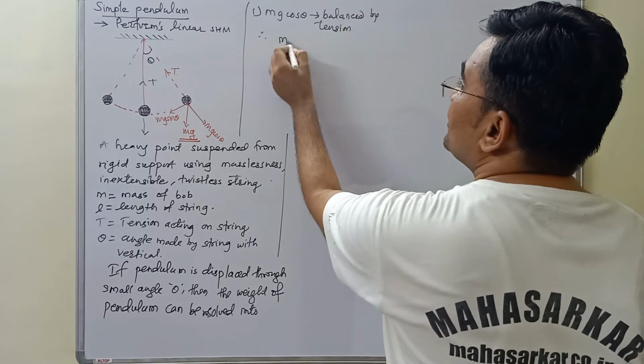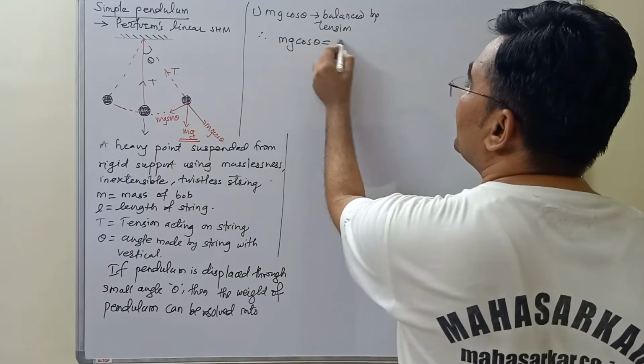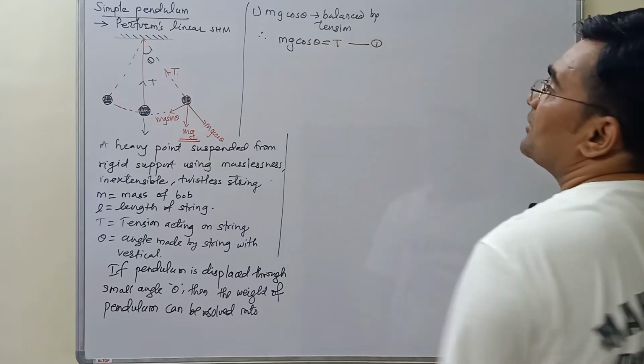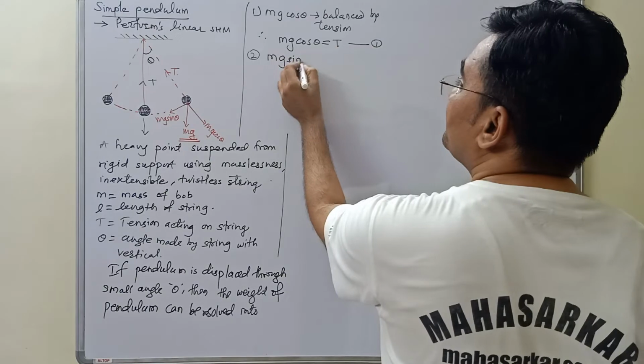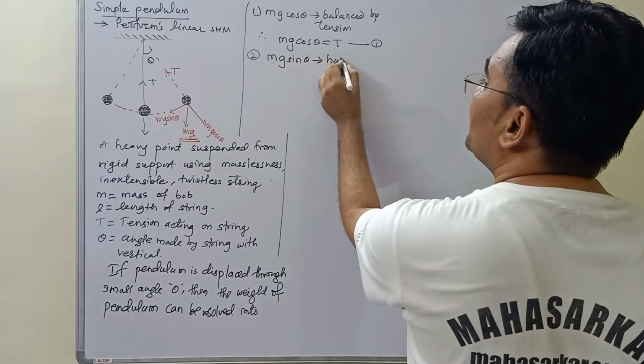So mg cos theta is equal to tension T. See, this is equation number 1. Now second component is what? Mg sin theta.